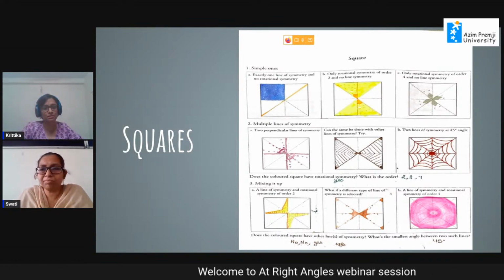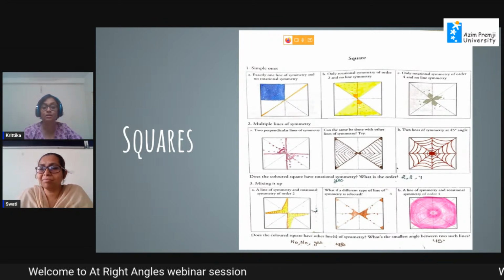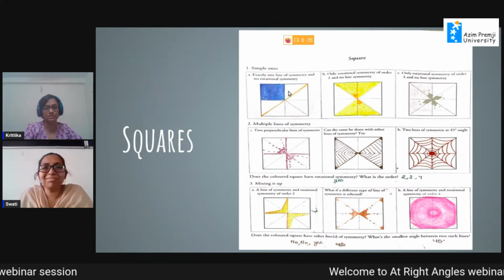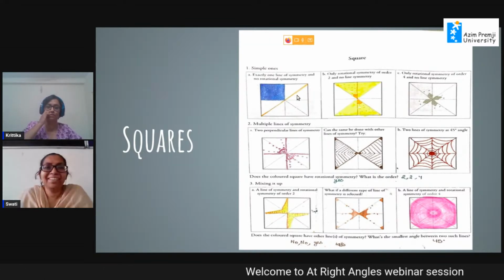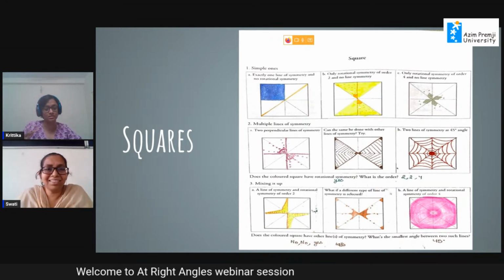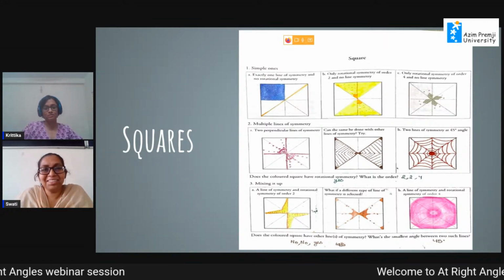So the first one, the simple one, is exactly one line of symmetry and no rotational symmetry. For this one I had loads of answers, because it has a lot of coloring and many different students did it in a different manner. I have taken only one picture.